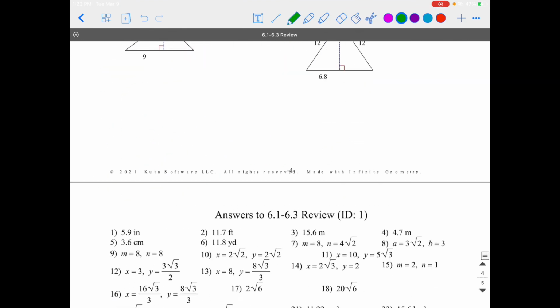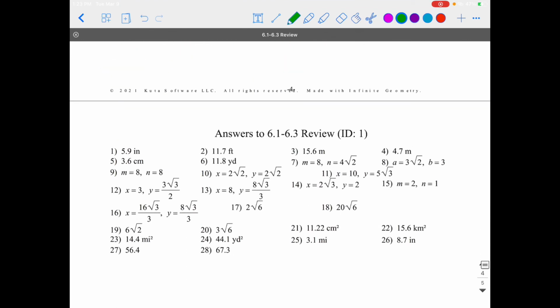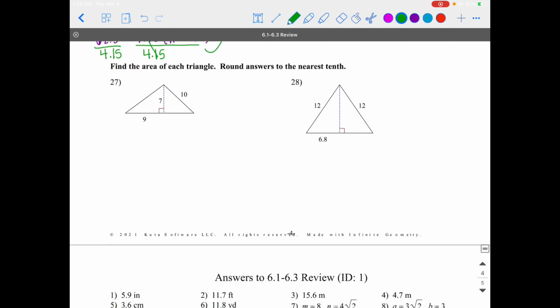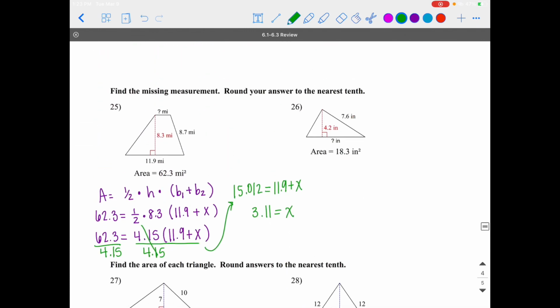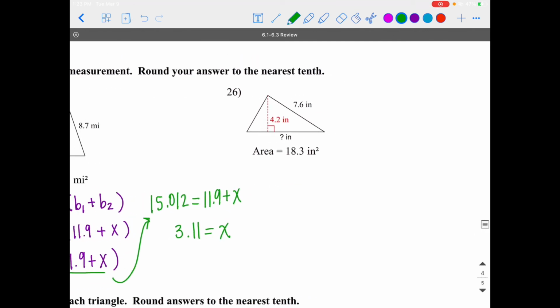Let's see if that's right. That was, what number was that? 25. 3.1, yeah, good. Number 26, area is half times base times height. So 18.3 is half times x times 4.2.